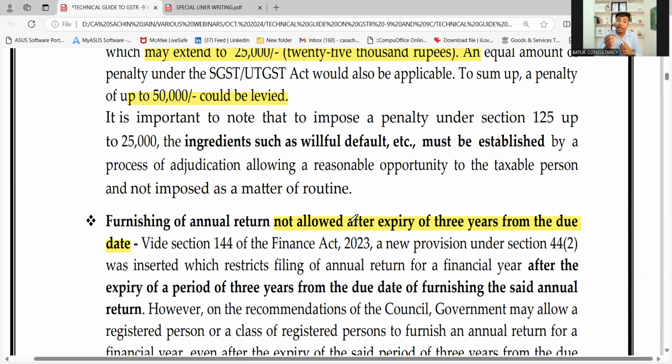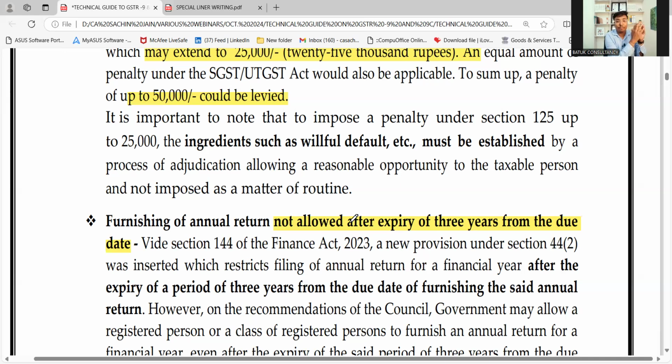In such a scenario, the departmental authority has power to impose the general penalty, that is 25,000 rupees under each head of CGST and SGST as per section 125 of the CGST Act. So merely filing GSTR 9 is not sufficient. There is a requirement to file the GSTR 9 return in a very correct way. That is the requirement of law.